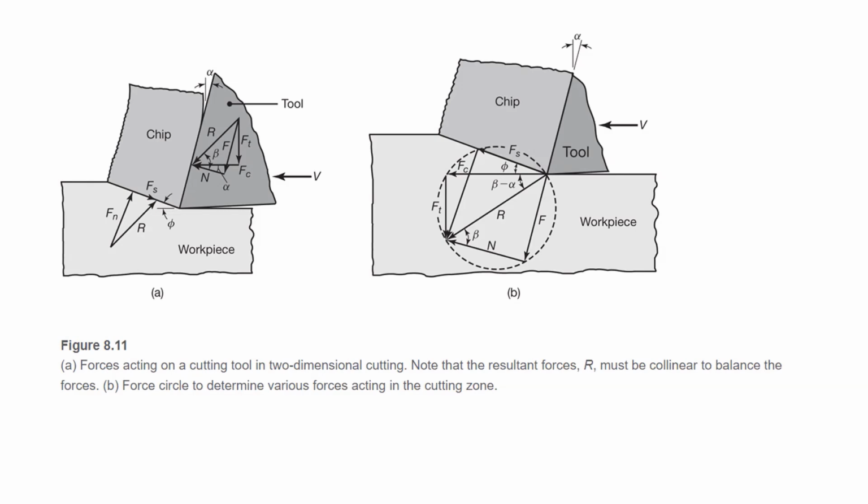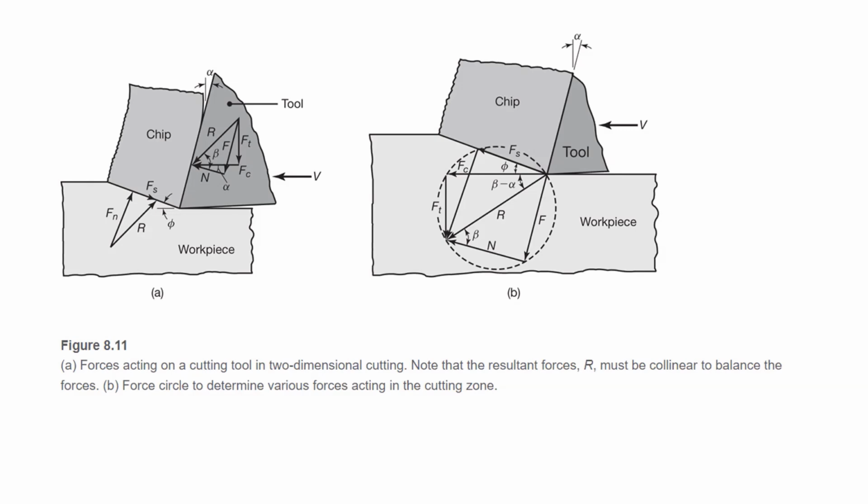Before I give you the example, I still want to refresh your memory using these 2 diagrams. For this orthogonal cutting, we have the velocity, the cutting speed in the cutting direction, and the tool tip. So this is F, and this is R. R is the resultant force.